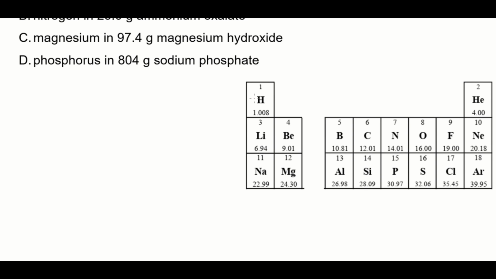Hydrogen sulfide, 2 H's. And the mass of hydrogen is 1.008. This is an intensive property, so it doesn't matter how much, whether it's one molecule or 100 grams or a mole.